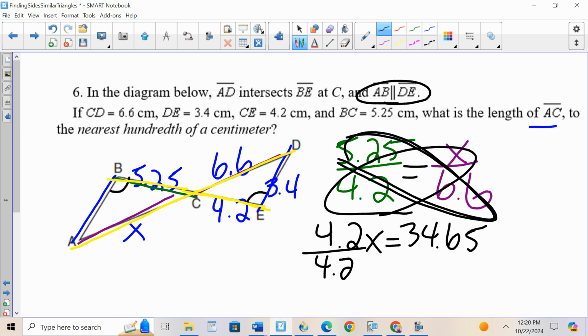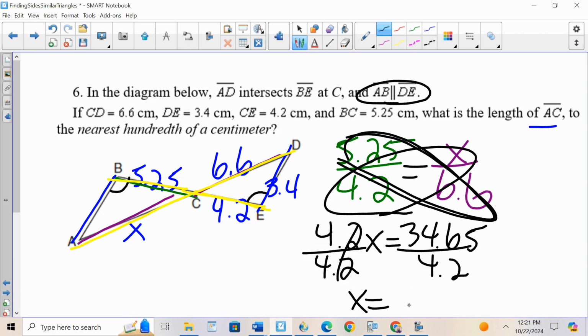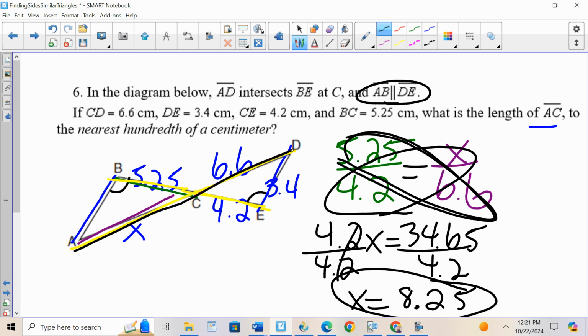Divide by 4.2, divide by 4.2, X equals 34.65 divided by 4.2. To the nearest hundredth, whatever, 8.25. So again, when you have these twisted, rotated triangles, the corresponding sides are diagonal from each other.